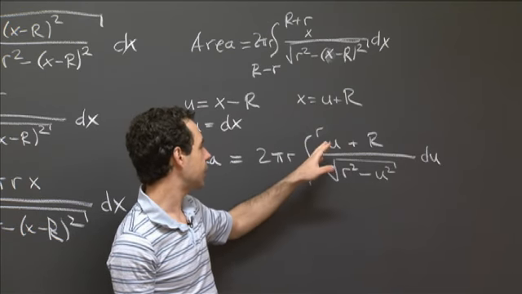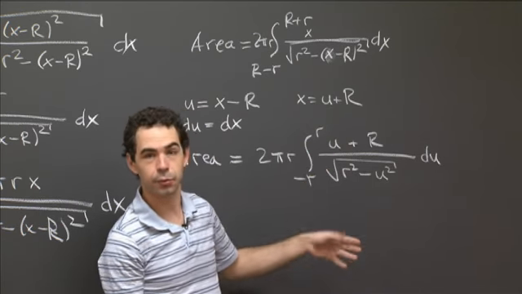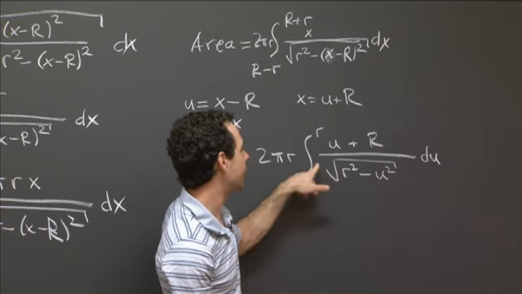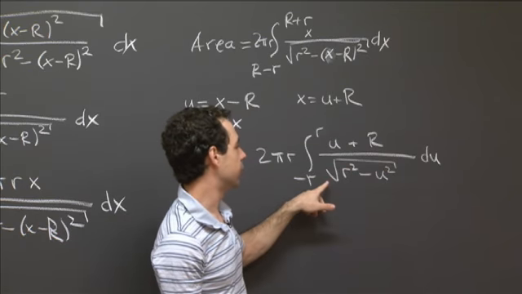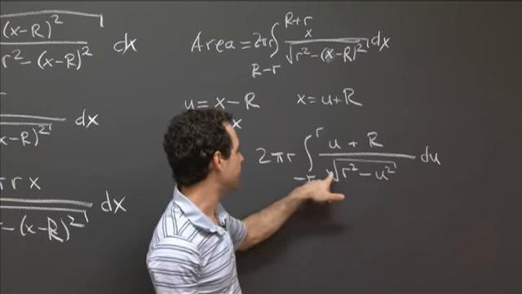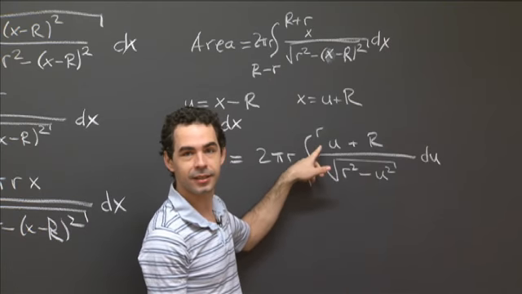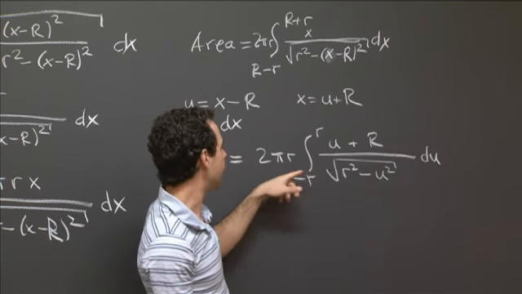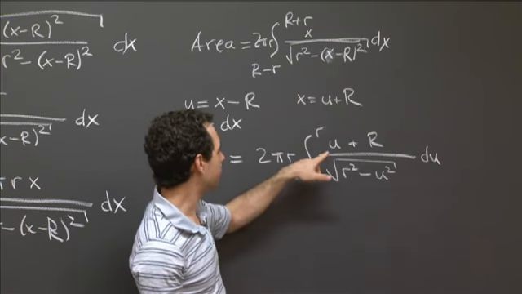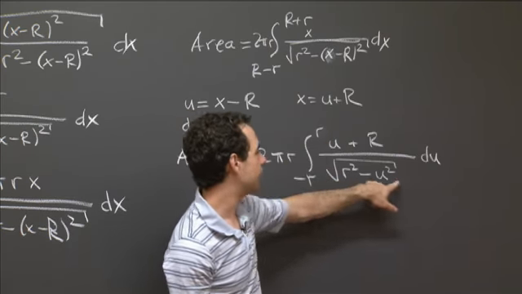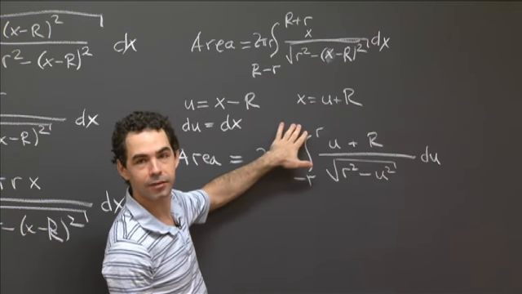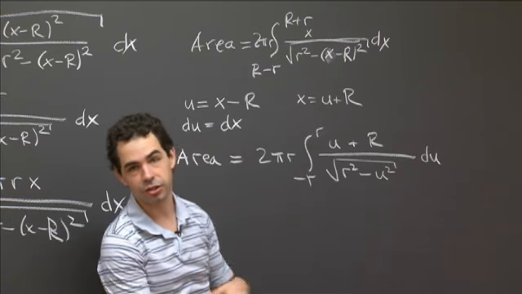But actually, you don't need to do any work, because that function, u divided by the square root of little r squared minus u squared, is an odd function, right? The denominator is even, u is odd, and we're integrating over an interval that's symmetric around the origin. So when we integrate this from u equals minus r to r, that's just going to give 0.